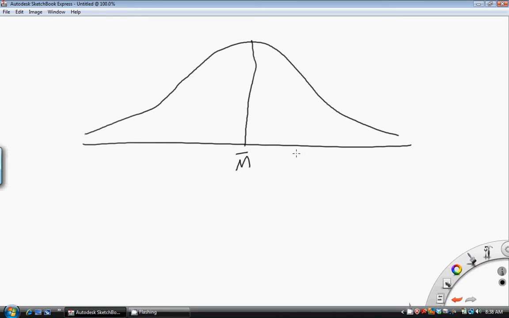When you take a group of data, all of your data will fit within 3 standard deviations of the mean. So we'll put our 3, we'll put our 2 here, we'll put our first there. So -1 standard deviation, -2 standard deviations, -3.